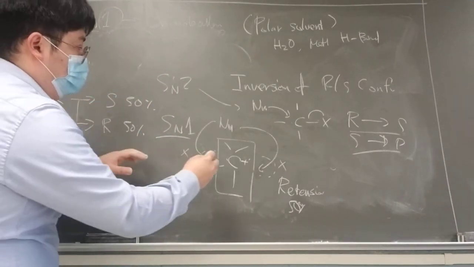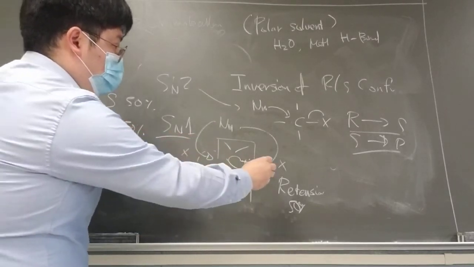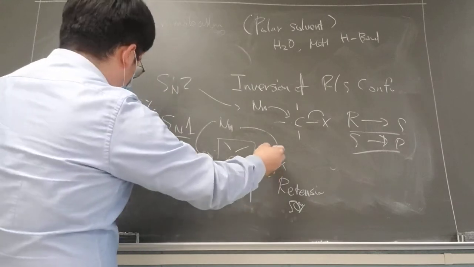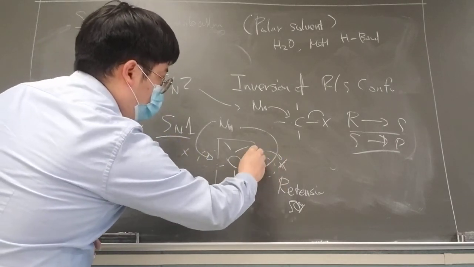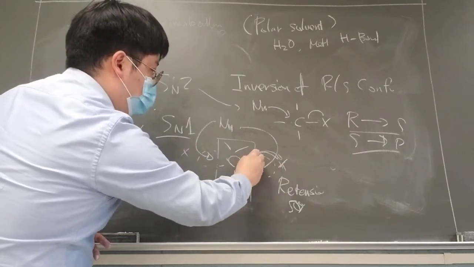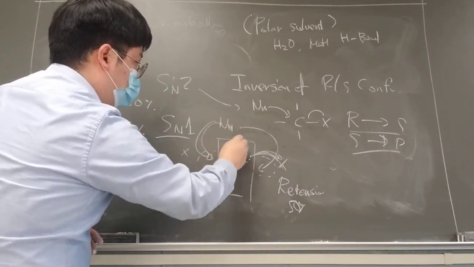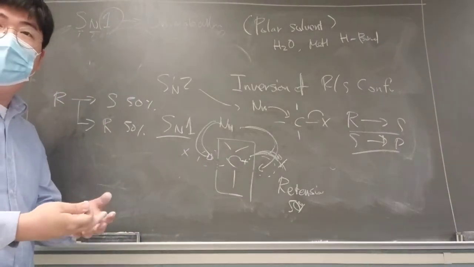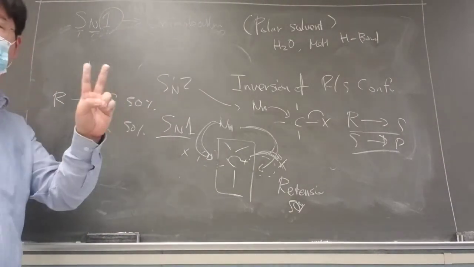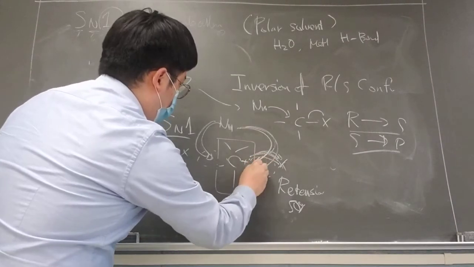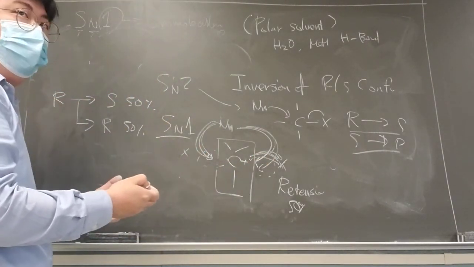So when the leaving group leaves from here or here, it doesn't matter. As soon as it leaves, the nucleophile will attack right after. That's why step 2 is really fast. It's so quick.